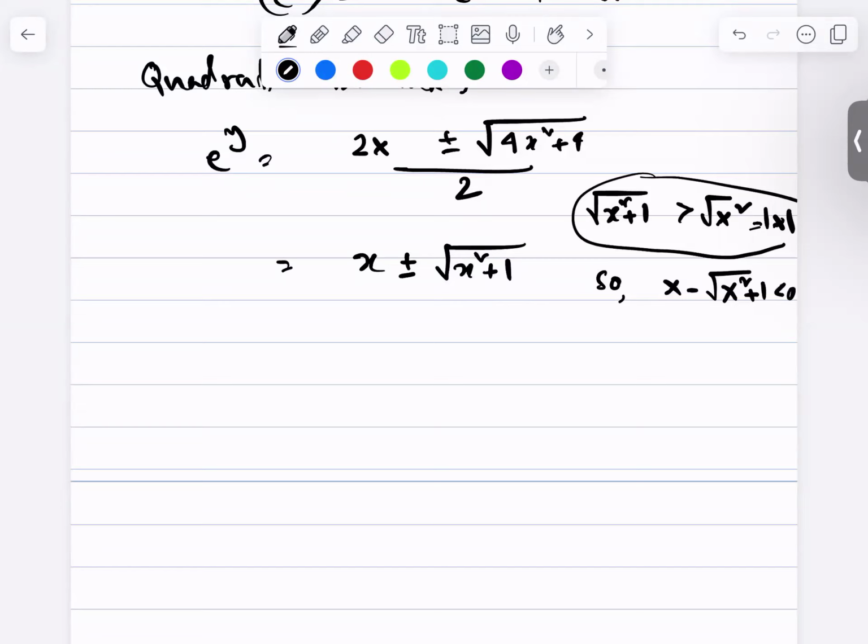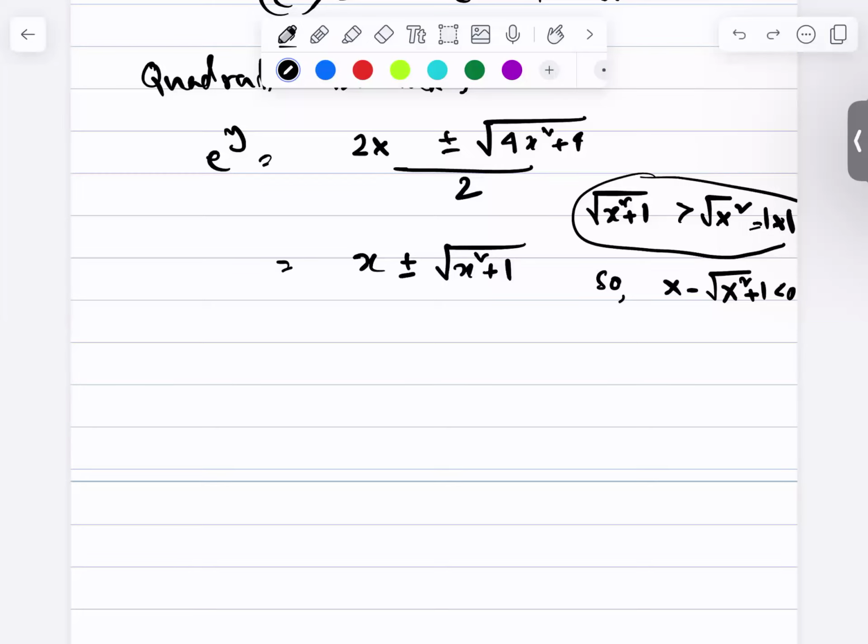Because no matter what x is, positive or negative, x minus the square root of x squared plus 1 is less than 0, because this quantity is always bigger than the modulus of x.